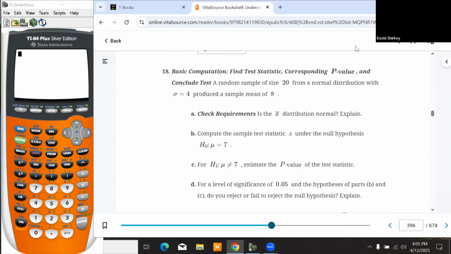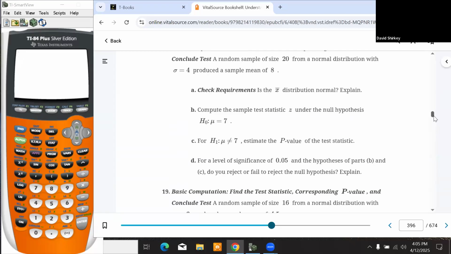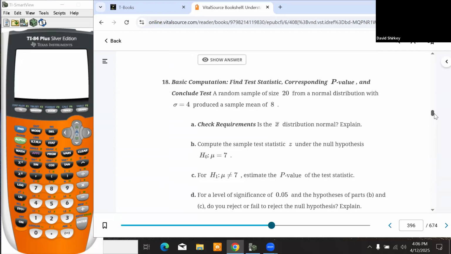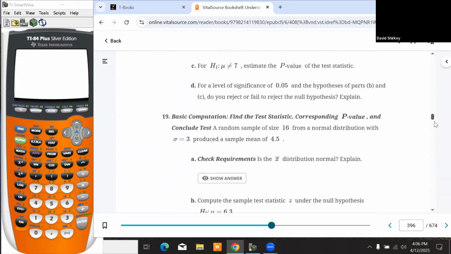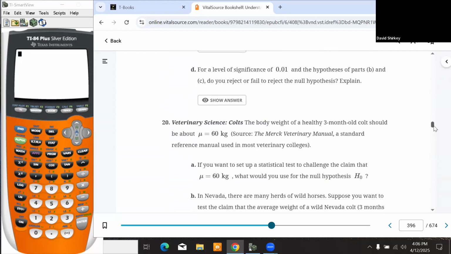There we go. Yeah, let's go down to something more interesting here.